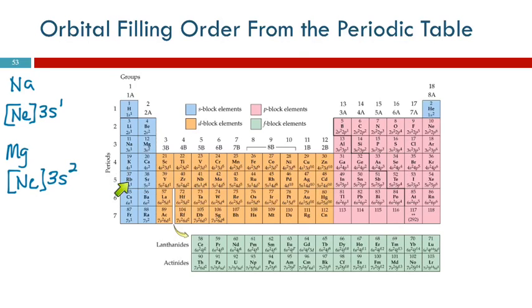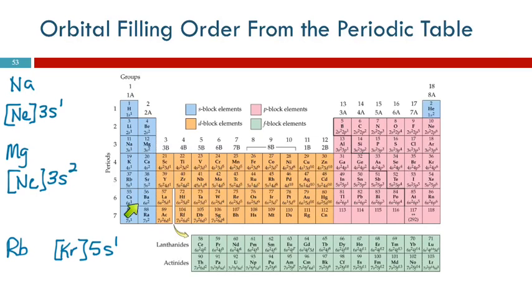One way to do that is just move up a row and go all the way to the end, krypton. So rubidium would be the electron configuration of krypton plus, this is period 5 in the S block, and it's the first square, 5s1.